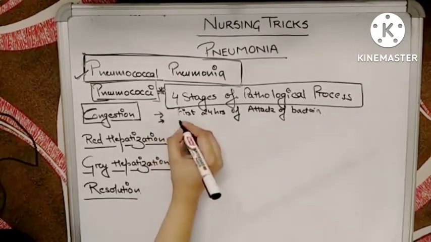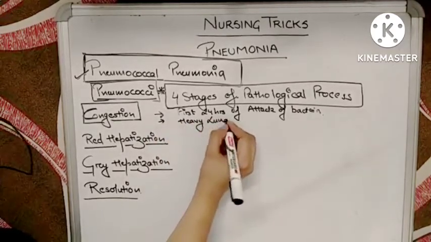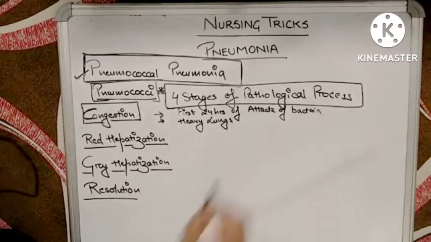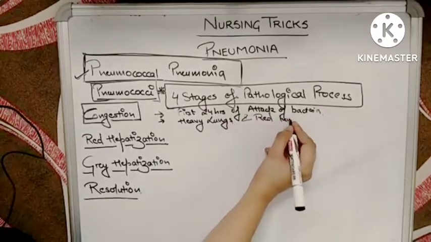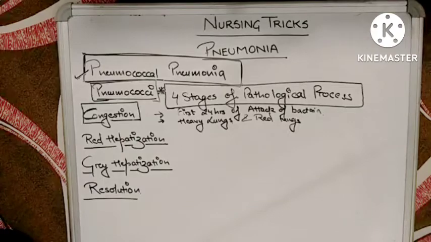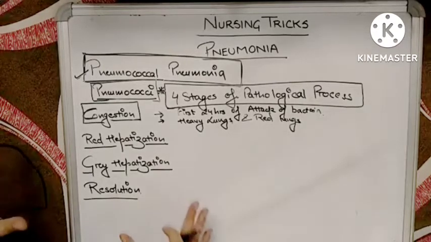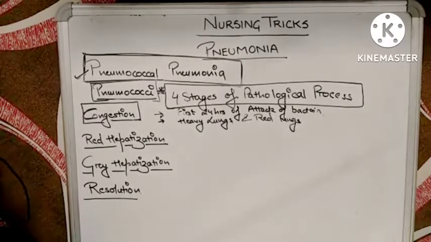So we can say the lungs are very heavy and red, because of the vascular engorgement. Capillaries in the alveolar walls are very much congested, and the infection in the lungs will spread to the hilum and to the pleura.